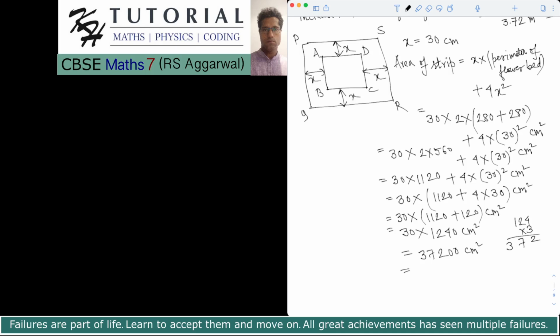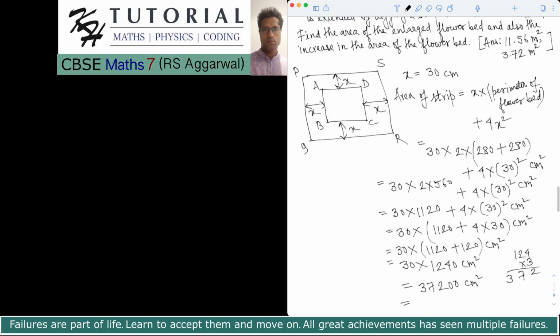Now we need to convert this into meter square, since the answers are given in meter square.